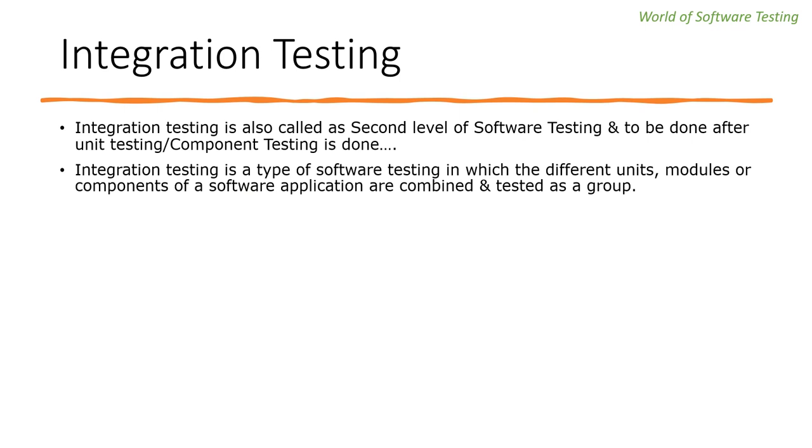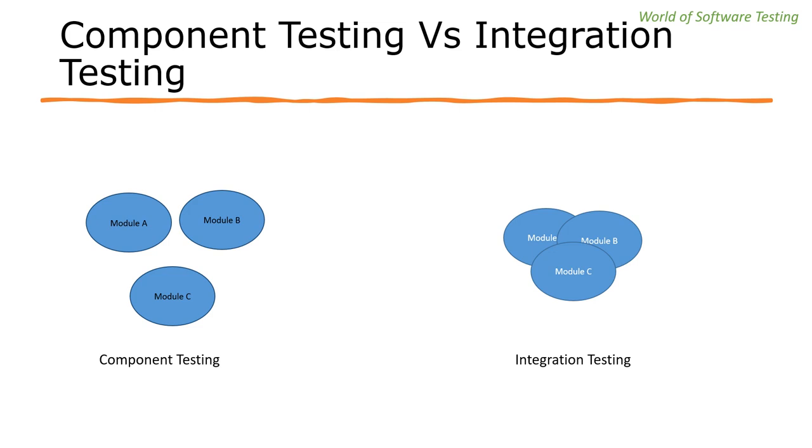It is a type of software testing in which the different units, modules or components of the software application are combined and tested as a group. However, these modules may be coded by different programmers, and once all the components or modules are working as expected independently, then we need to check the data flow between the dependent modules, which is known as integration testing.